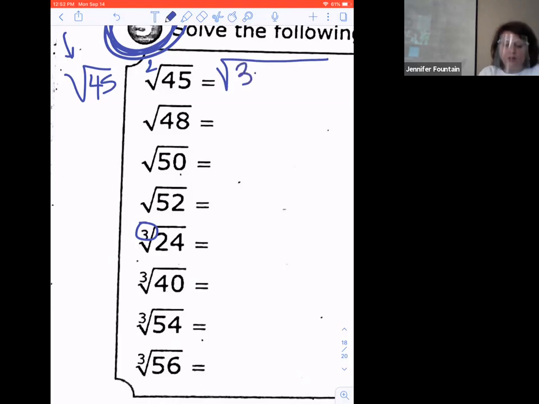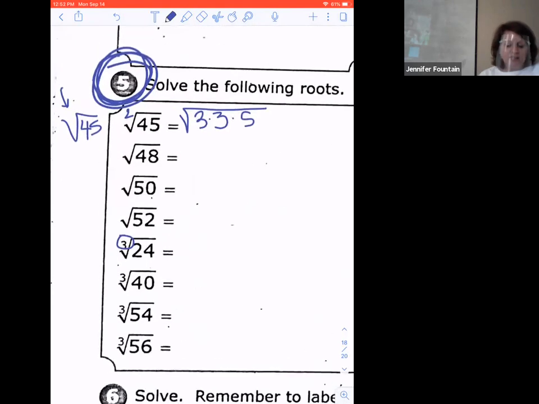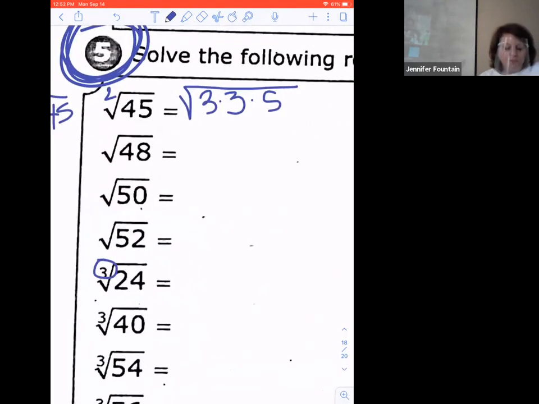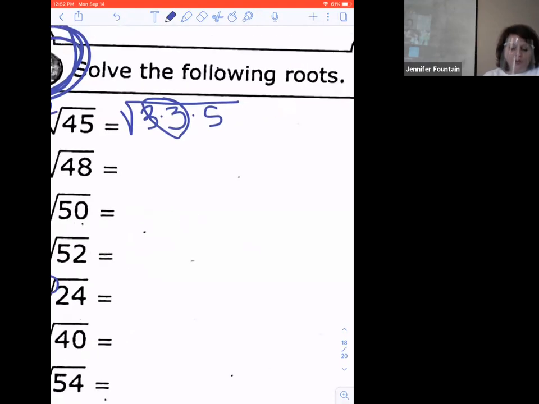And so we had 3 times what? 3 times 5, good. If you break down 9, 9 is 3 times 3. So our index is 2, which tells me I have to have 2 buddies. So I've got 2 3s. That means my 3 can come out and my 5 has to stay under the radical sign. So my answer is 3 times the square root of 5.